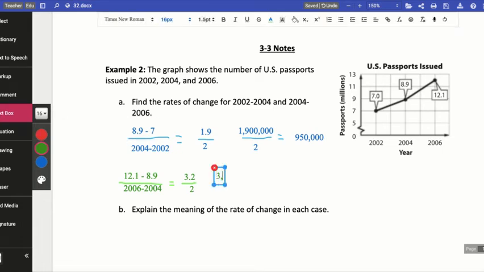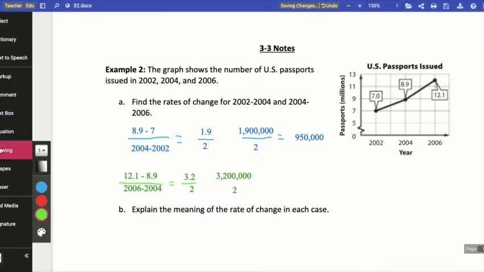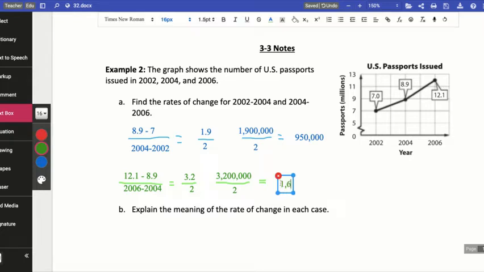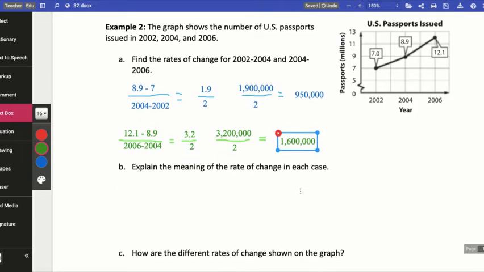This is 3,200,000 divided by 2. And when we divide that by 2, we are going to get 1,600,000 for our answer. And this is the number of passports on average that the U.S. issued between the years 2004 and 2006.